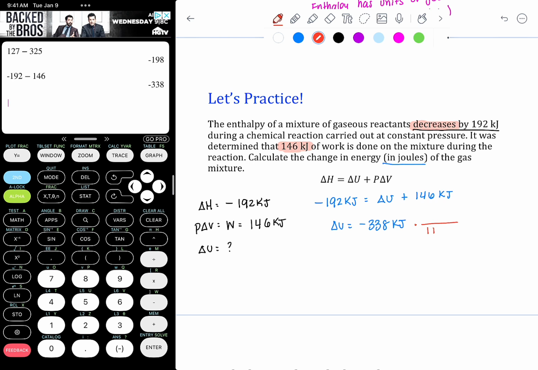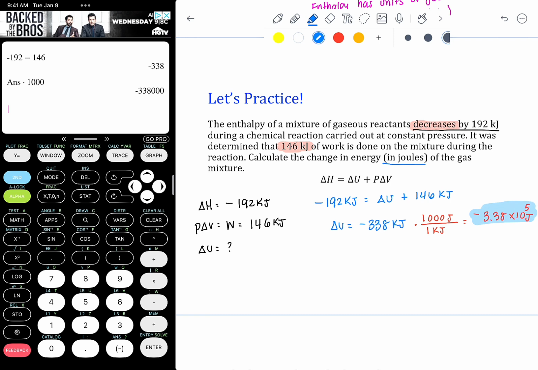I know that in 1 kilojoule, there's 1,000 joules. We've been doing that a lot in these lessons. So we'll just take that negative 338 and we'll multiply it by 1,000. And with sig figs and scientific notation, we'll get negative 3.38 times 10 to the 5th joules. And there's our final answer. So that is our value for delta U in this expression.